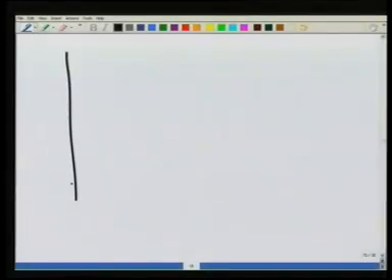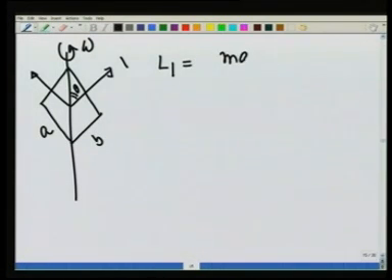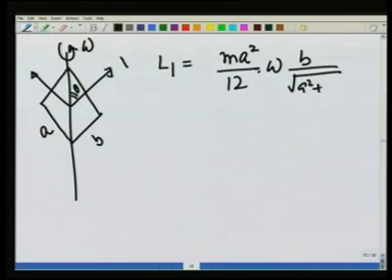Let me redraw the whole thing. This is the diagonal. This is how the plane is, axis 1, axis 2, this is theta, and this is rotating with omega, and therefore L1 comes out to be m a square divided by 12 omega cosine theta, which is b over square root of a square plus b square.